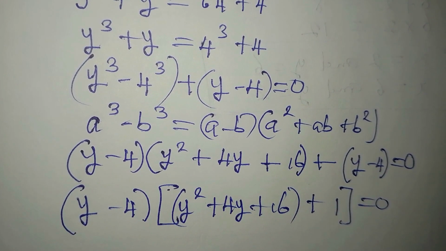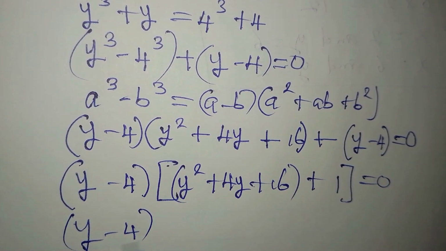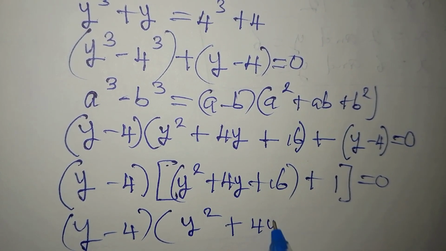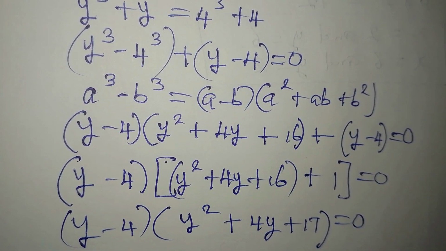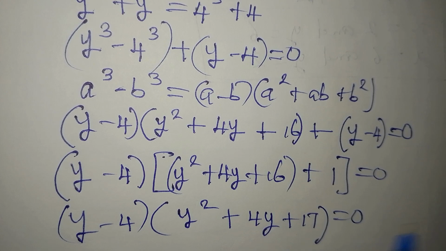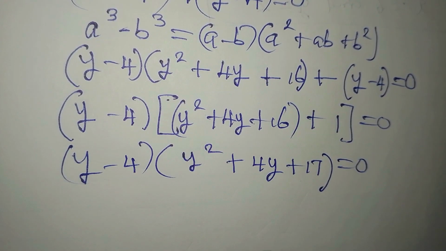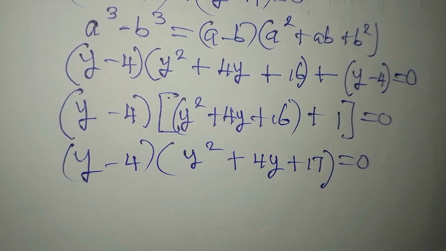Then we equate to 0. Now y minus 4 is a factor. Then y squared plus 4y plus 17 is another factor, because 16 plus 1 is 17. Now we have two factors to multiply in order to get 0. Therefore, one of them or both of them must be equal to 0.